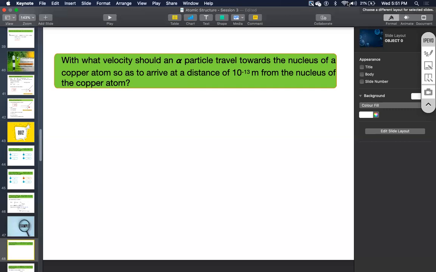Should I tell you how to do it? Have you taken the mass of alpha particle in kg? Because you are substituting everything, you need to substitute in SI units. Done?